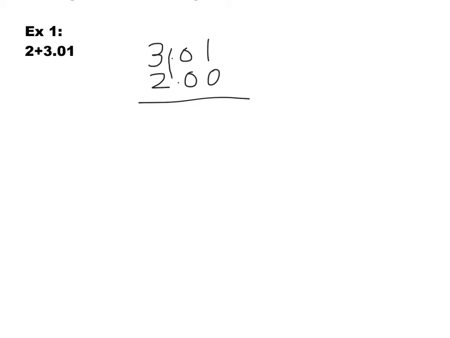Just make sure that these decimal points are aligned, right on top of each other. Now I'm going to add them like adding usual whole numbers. I'm going to say 1 plus 0 is 1, 0 plus 0 is 0, then there's a decimal point, then 2 plus 3 is going to give me 5.